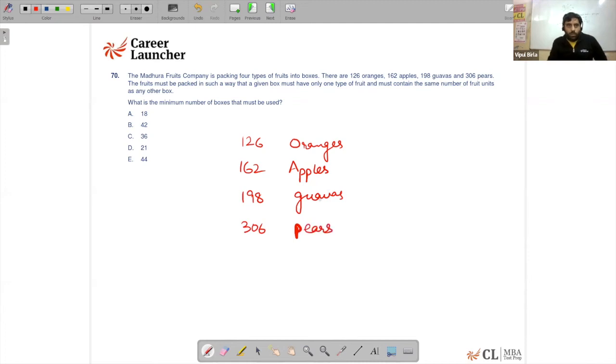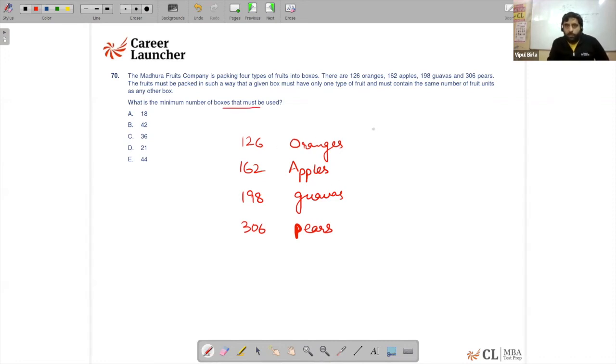The fruit must be packed in such a way that a given box must have only one type of fruit. So if it's orange, it's all orange, apple, and similarly for the other two also. And it must contain the same number of fruit in all the boxes. What is the minimum number of boxes that must be used?